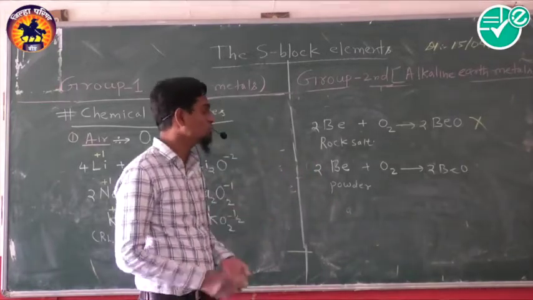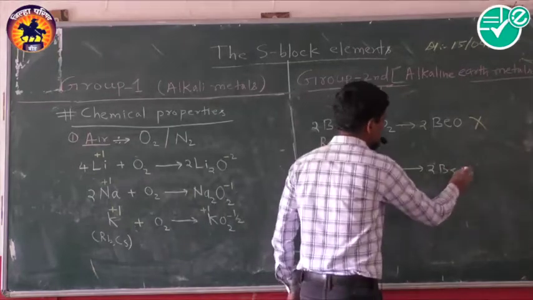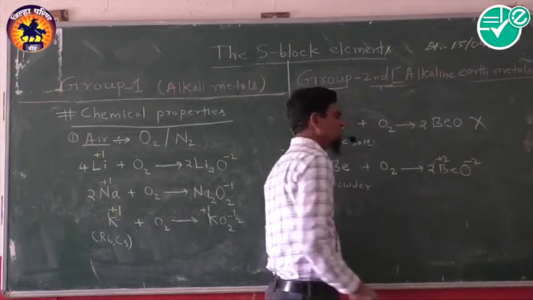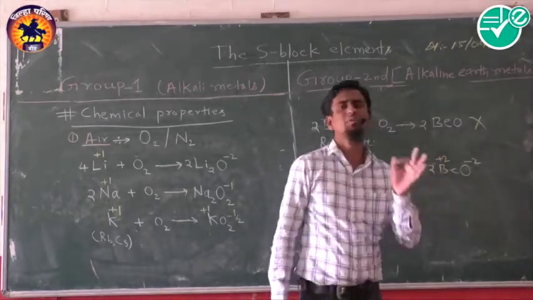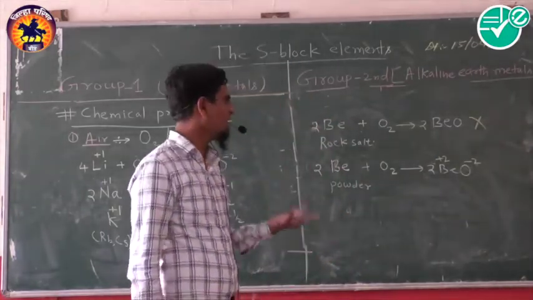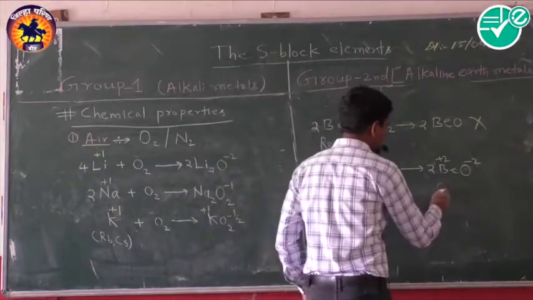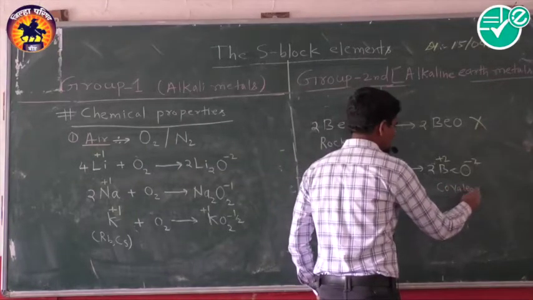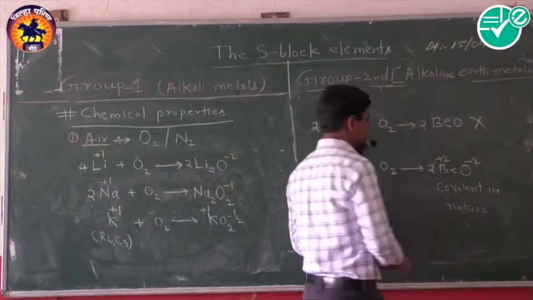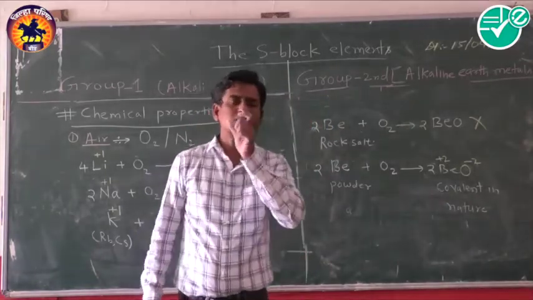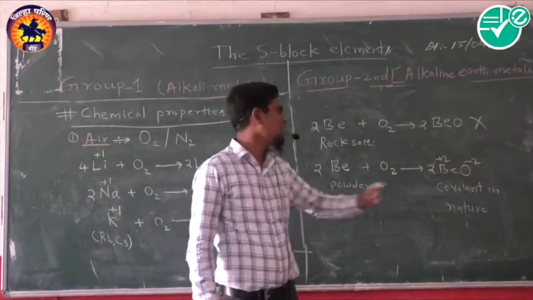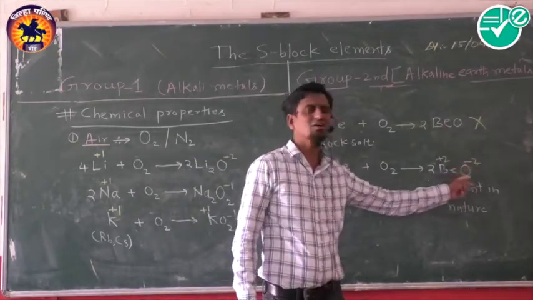And one more thing which I want to show you here. As you know, oxygen is anionic in nature, and beryllium is the cation. This oxide is not purely ionic. Other alkaline earth metal oxides are ionic, but this is covalent in nature, because due to the small size of beryllium acting as cation, it distorts the electron cloud of the anion, that is oxygen.